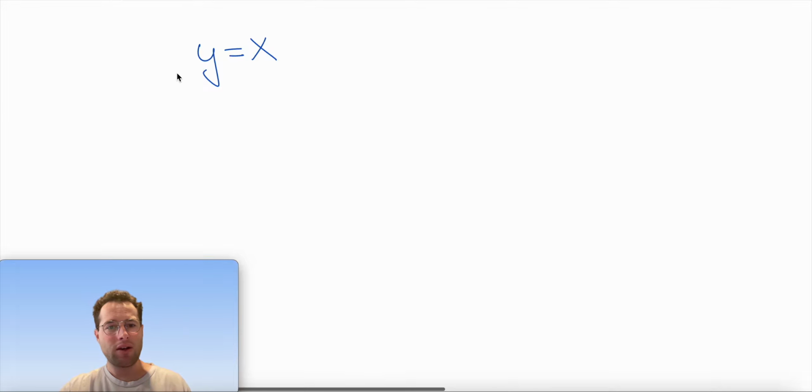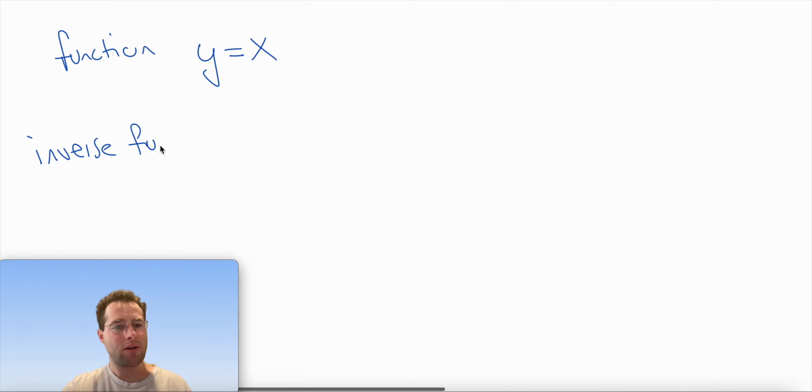Let's say this is the original function, and the inverse function, well, we switch. Instead of writing y here, we write x, and instead of writing x here, we write y. And so the inverse function is just y equals x.